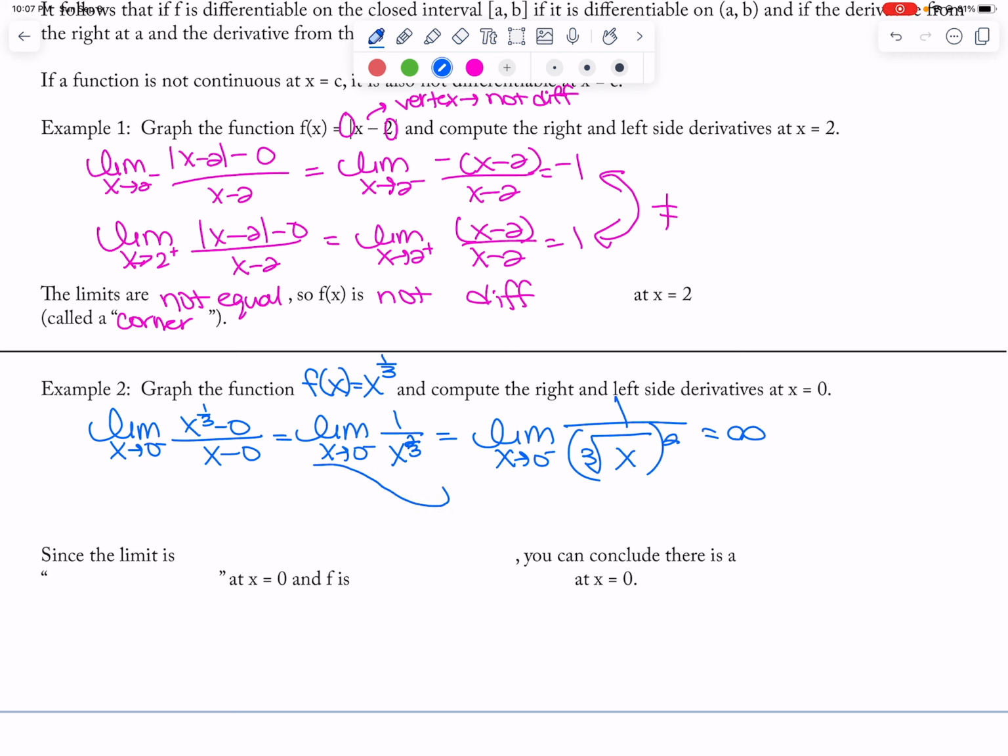Likewise, when I get to the limit as x approaches 0 from the positive side, I'm going to get positive infinity.